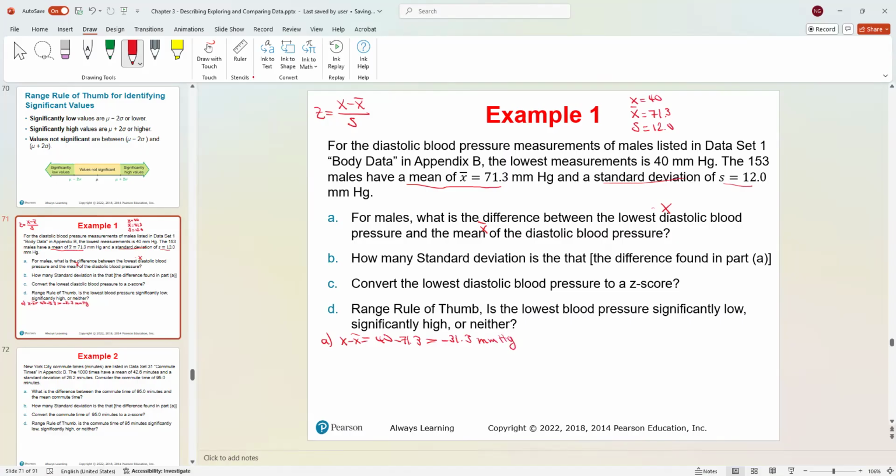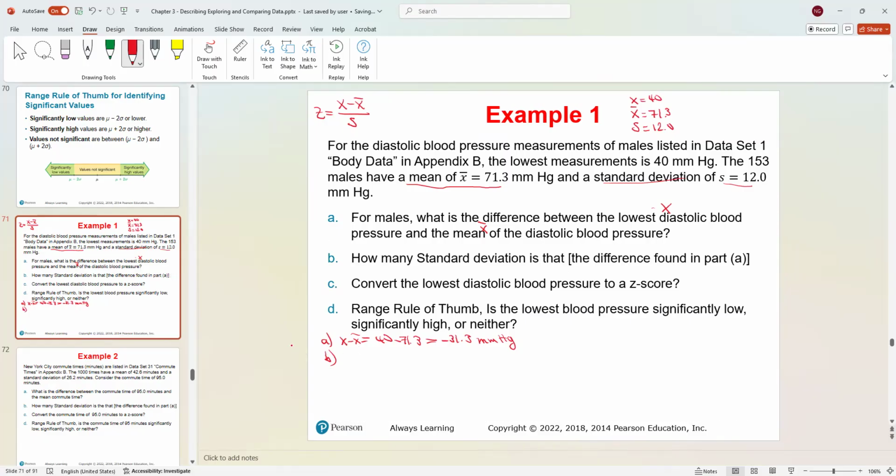Now, for B, the question is, how many standard deviations is that difference between these two?